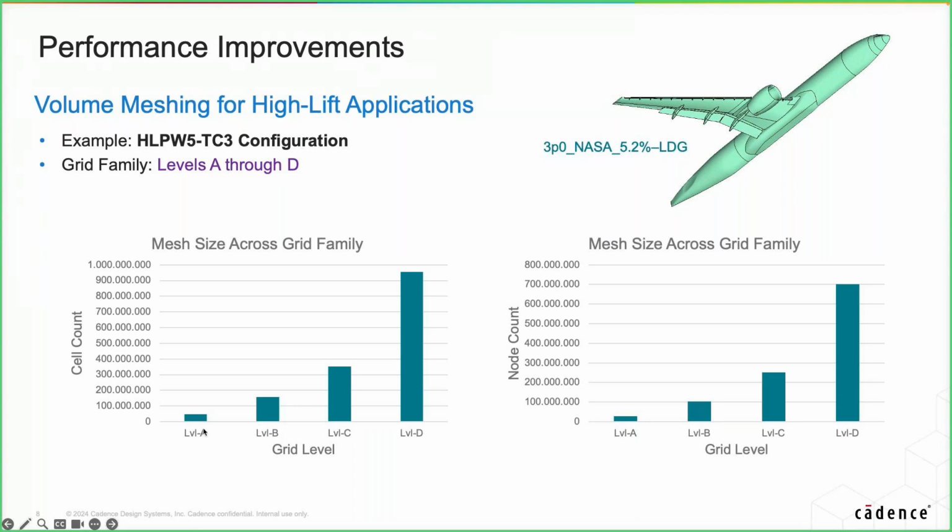We're ranging from about 48 million cells at level A, 29 million nodes, up to the largest level D grid, which is about 950 million cells and about 700 million nodes. You can see an image of the configuration on the top right.